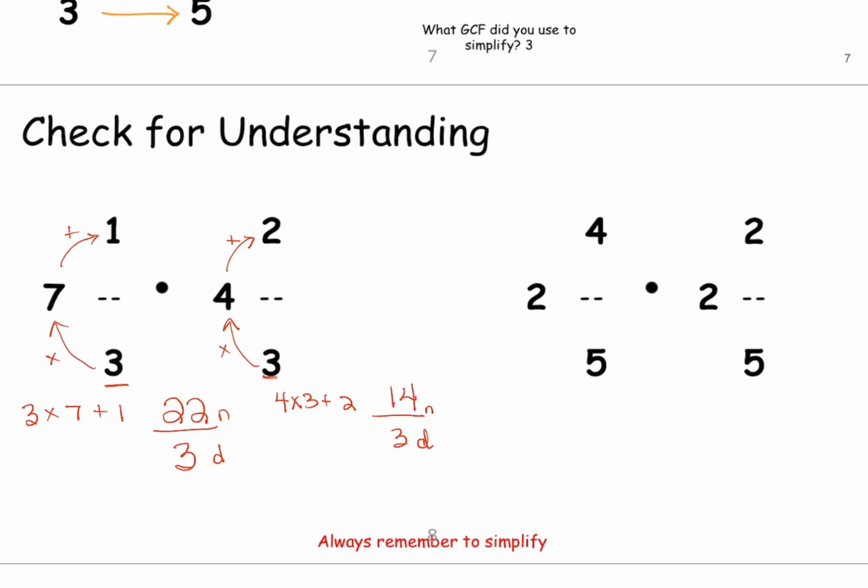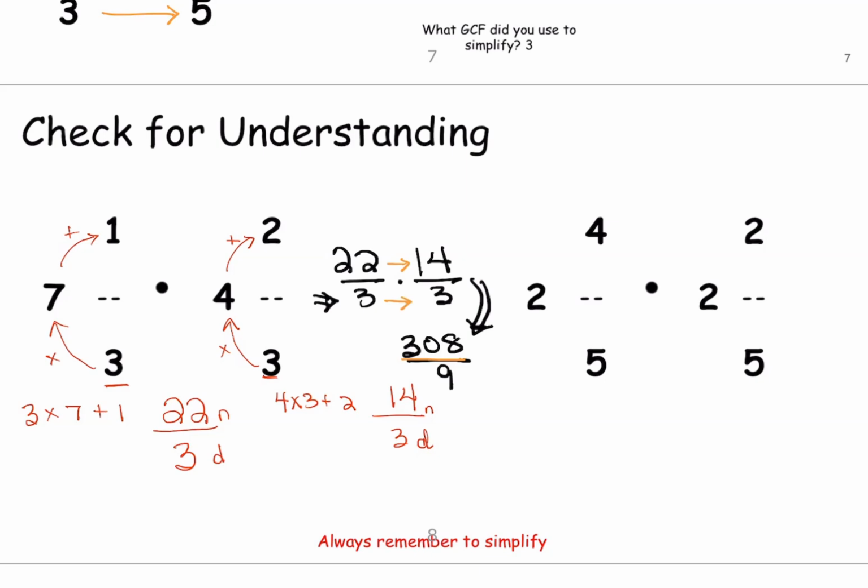So here we are multiplying 22 over 3 times 14 over 3. When we multiply those two together, we get 308 over 9. 22 times 14 is 308. 3 times 3 is 9.